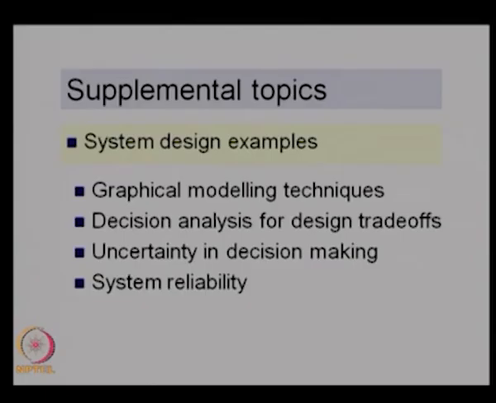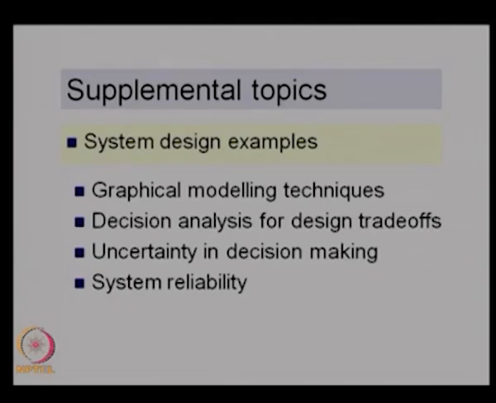So I will take 3 case studies and explain the procedure, and will not be going into the details of each and every stage, but I will be giving an overall view of how the principles can be used in the system design. And after that we will go to the other supplemental topics like graphical modeling and modeling methods, decision making and decision analysis tools.